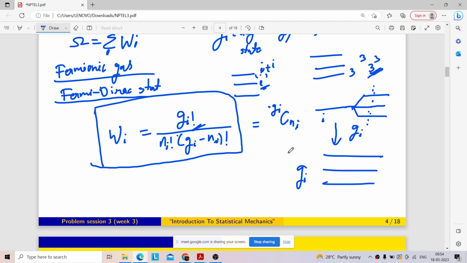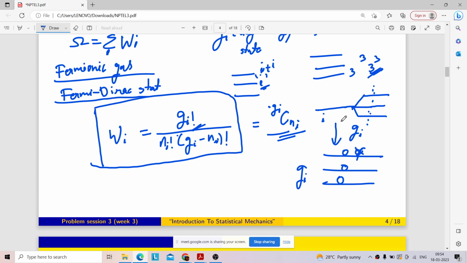And for fermions, we are allowed to arrange one particle in each state. We can't put two particles in the same state. So this is the formula for distributing Ni particles in the ith energy state.